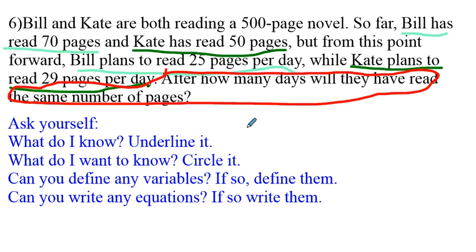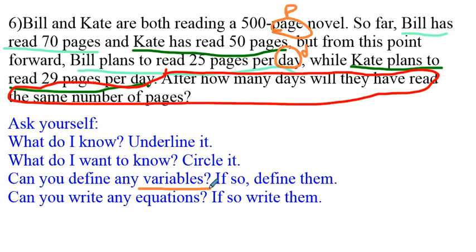Reading pages, right? So the number of pages, we could say that's P. And what else? The number of days. We could call that D, right? So it looks like we have two variables that we're working with.